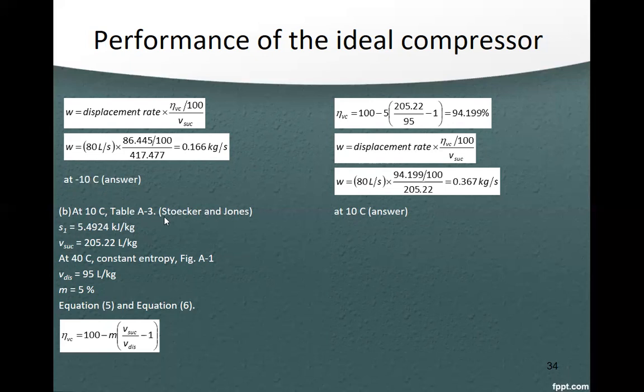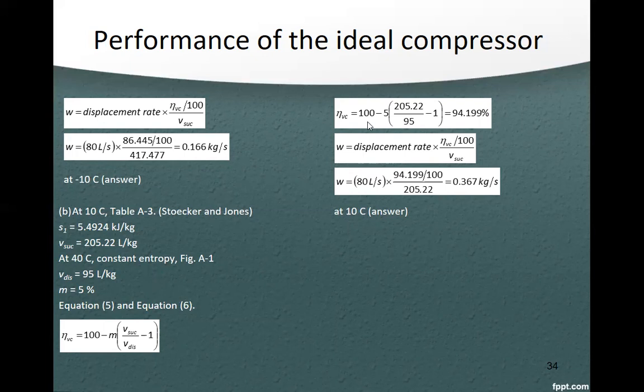At 10 degrees C, from the table, S1 is equal to 5.4924 kilojoule per kilogram K. Also, the suction specific volume is 305.22 liters per kilogram, and at the same entropy, the discharge specific volume is 90 liters per kilogram. Equation 5 and equation 6 give the volumetric efficiency is equal to 100 minus M times V suction divided by V discharge minus 1.